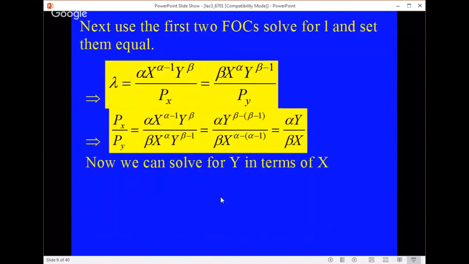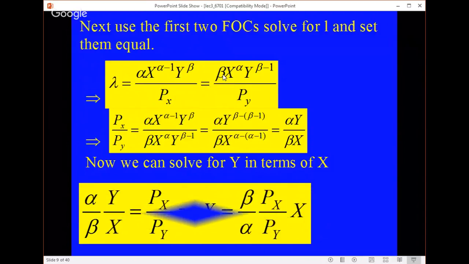And I get lambda is equal to alpha x to the alpha minus 1 power, y to the beta power, over px, and that's equal to beta x to the alpha, y to the beta minus 1, over py, right? Now, I can rewrite that.